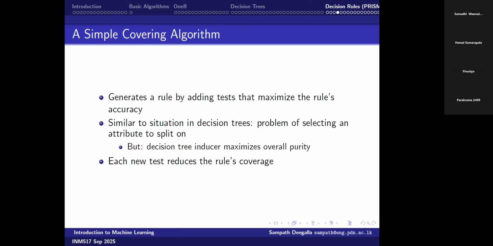So the basic idea of the covering algorithm is, as I told you earlier, you start with one particular class. In my previous example, you observed that we selected the class A, and we try to optimize the accuracy.